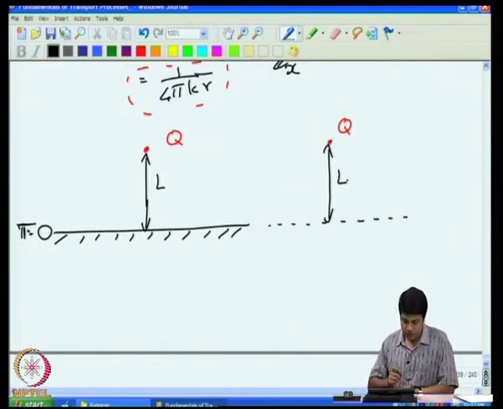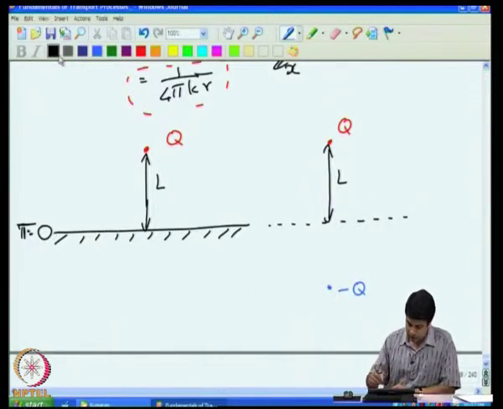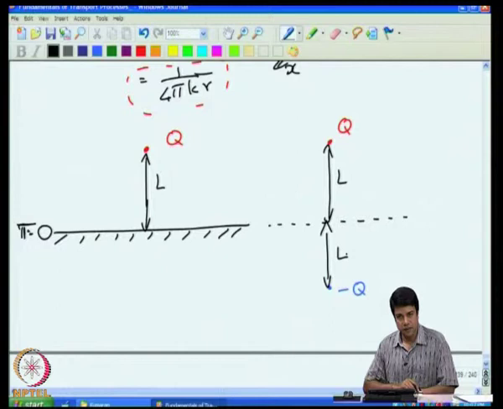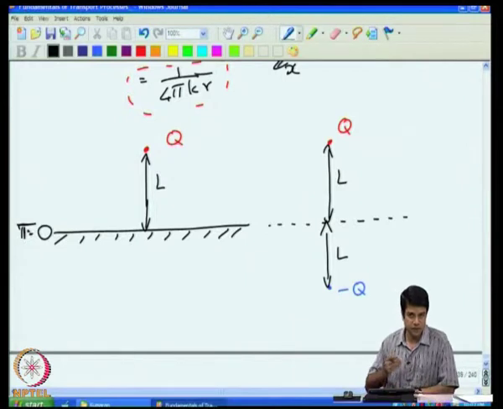However, I also have a sink minus q, also at a distance L, but below the surface. The perpendicular distance of the source is L above the surface, the perpendicular distance of the sink is L below the surface.